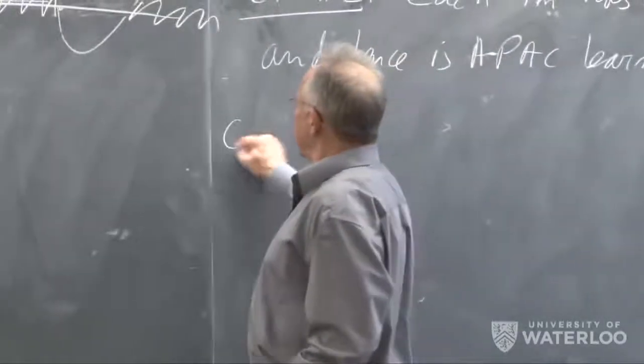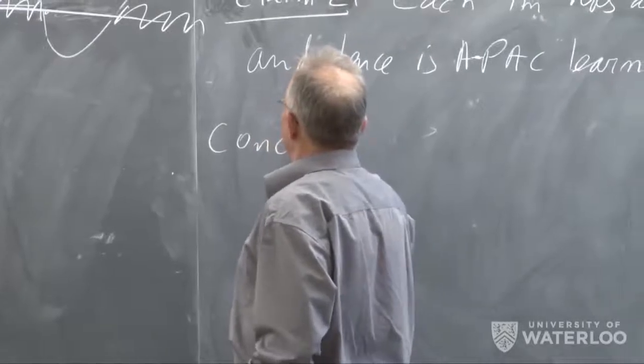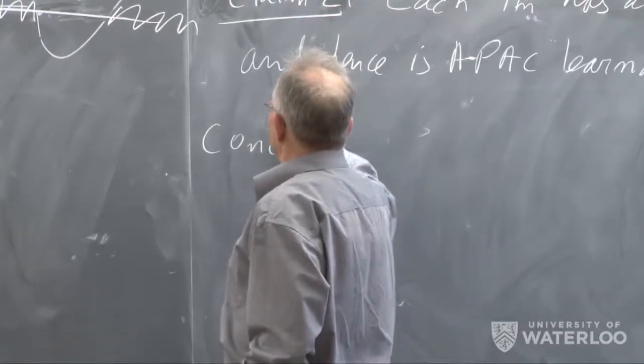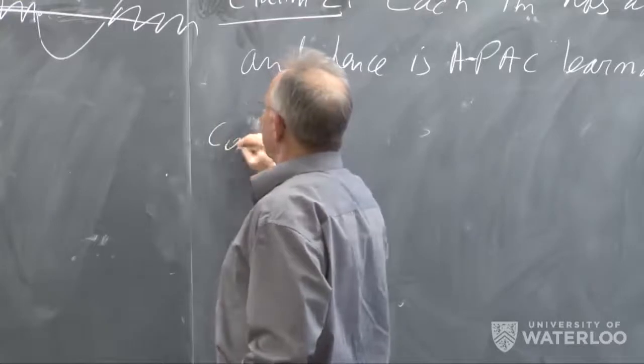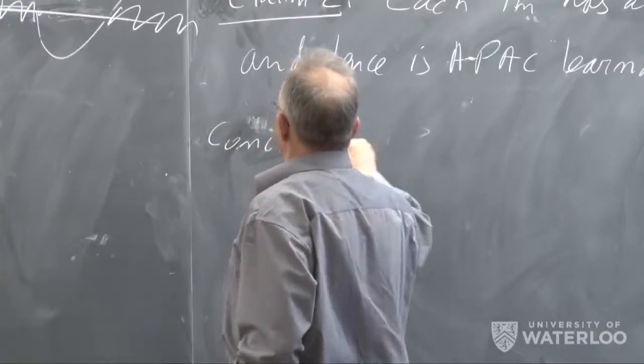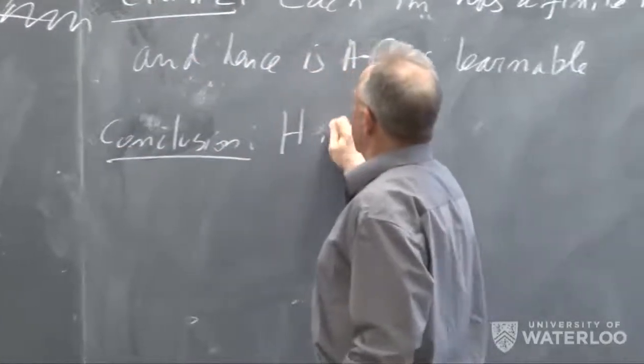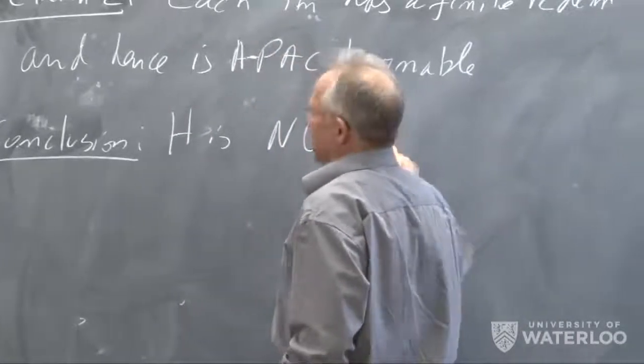So my conclusion is that H is non-uniformly learnable.